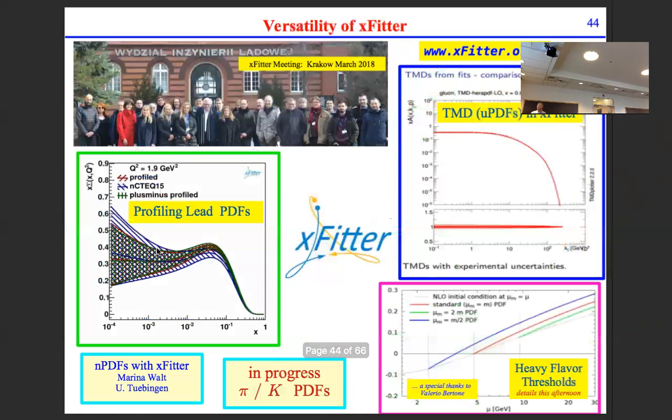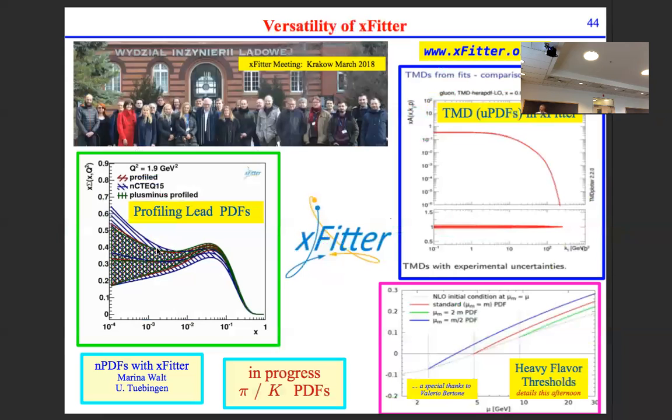Let me just very quickly flash some possible uses of it. Here it has TMDs. This is a module implemented by Hannes, just a sample of that with experimental uncertainties. It also has the ability to vary the heavy flavor threshold.